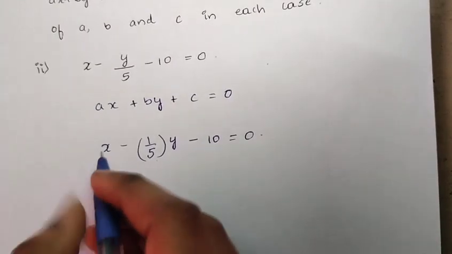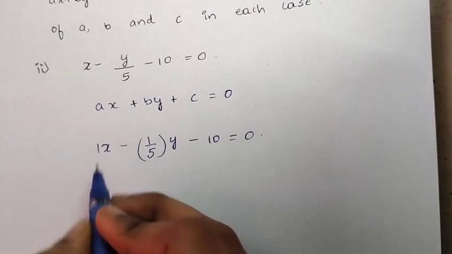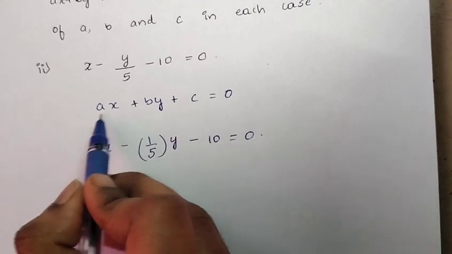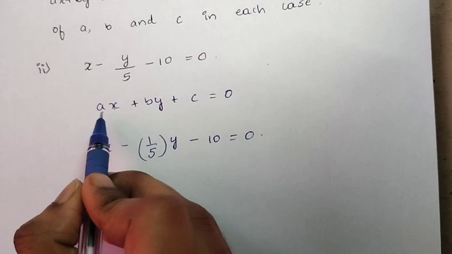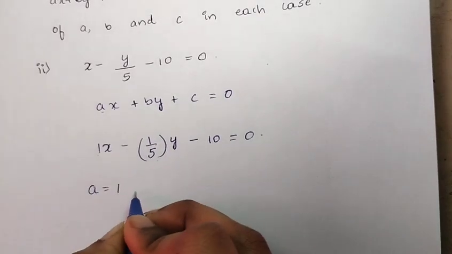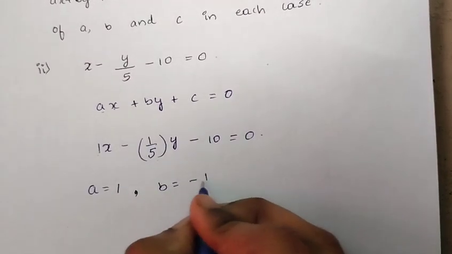I have already told you that if you don't have any number with the coefficient of x, it will always be 1. So here the coefficient of x is 1. In the standard form the coefficient of x is a, so in the place of a you have 1. The value of a is equal to 1. Similarly, the value of b will be minus 1 by 5.